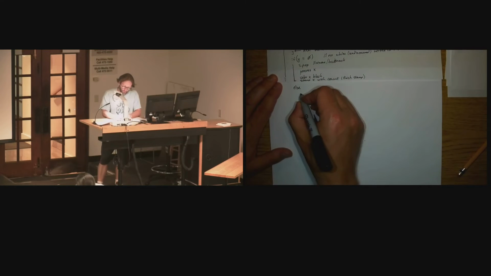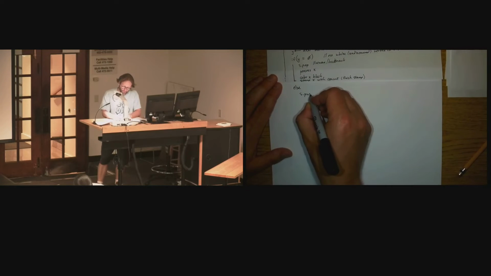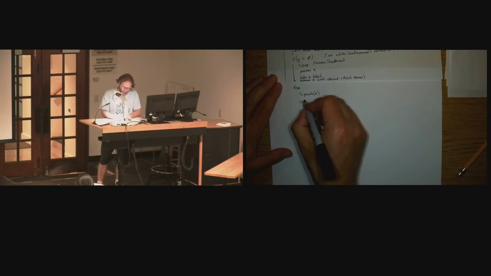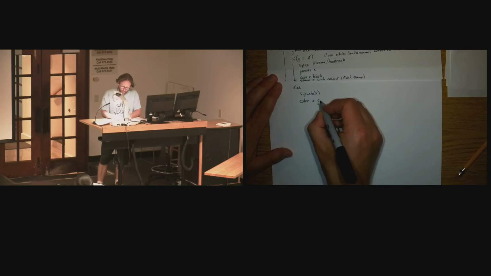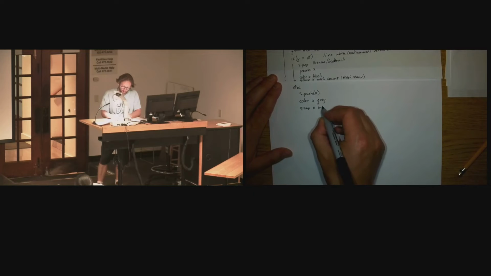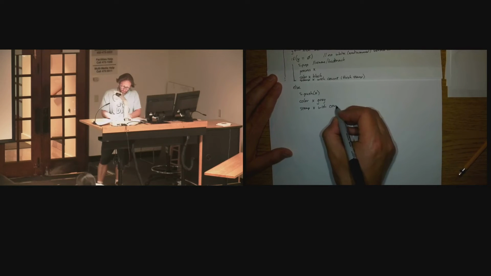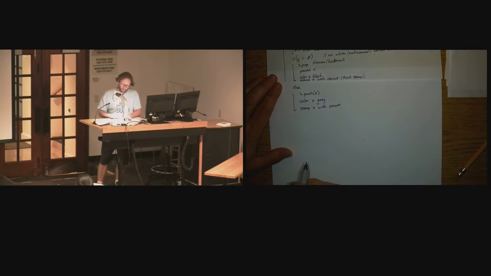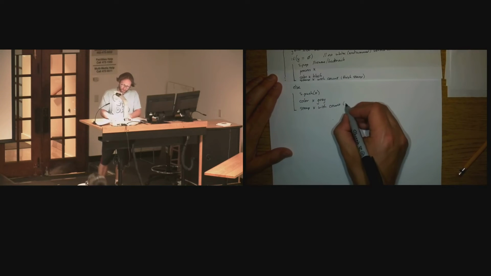We will s.push the current vertex x. We will color x gray. And then we will stamp x with count. Now, this is going to be a discovery.